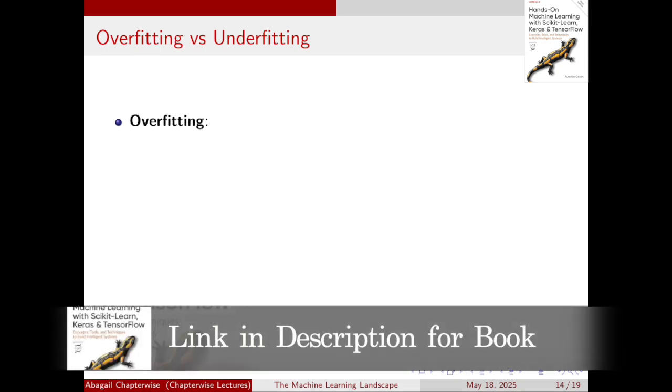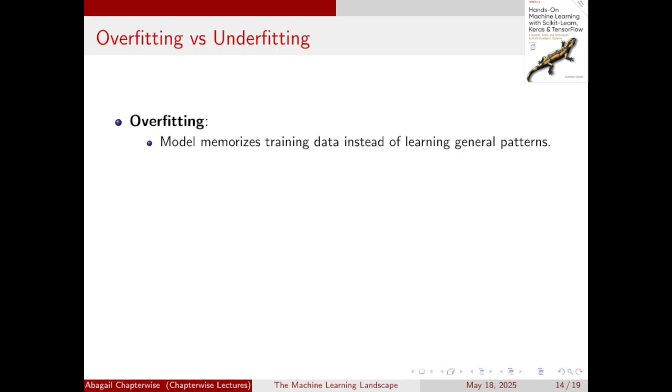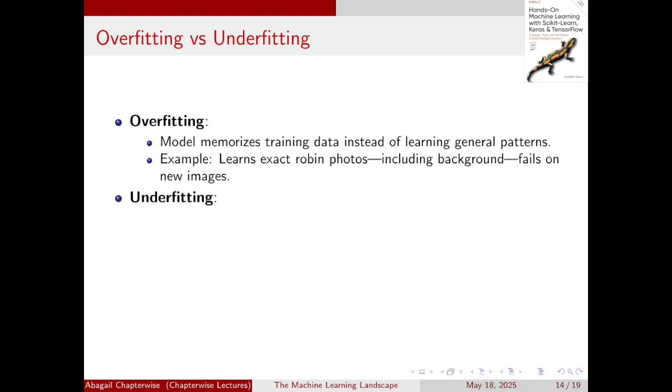Let's start with overfitting. This happens when a model learns the training data too well, even memorizing specific examples instead of learning general patterns. Imagine you're teaching someone to identify birds, and you give them a training set of 100 photos of robins. If they memorize the exact details of those photos, like the background trees or the exact angle of the bird, they might do great on the training images.